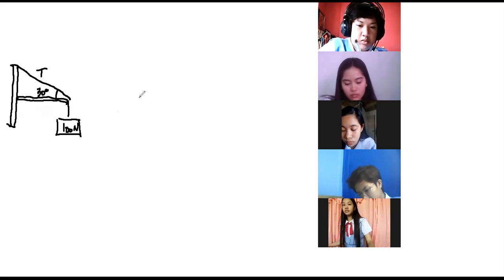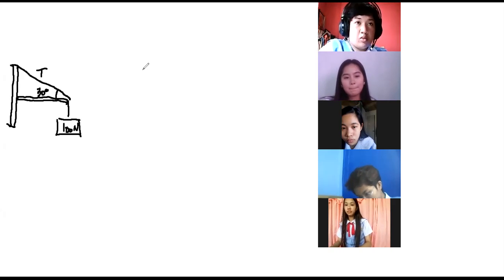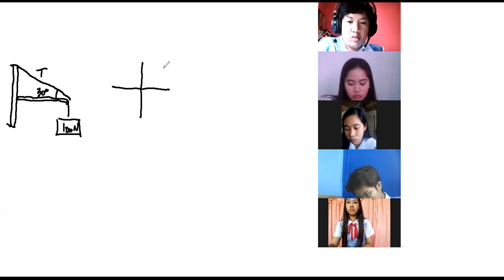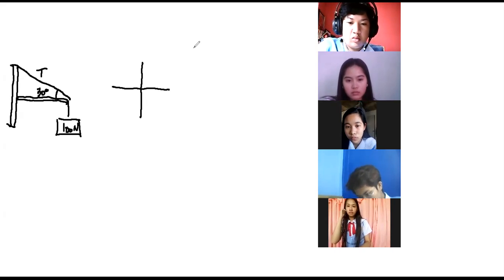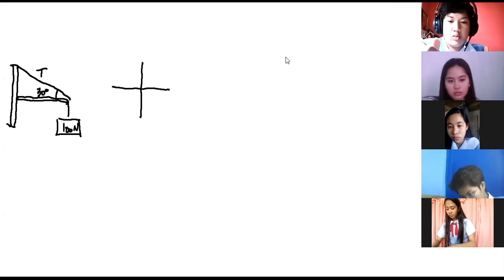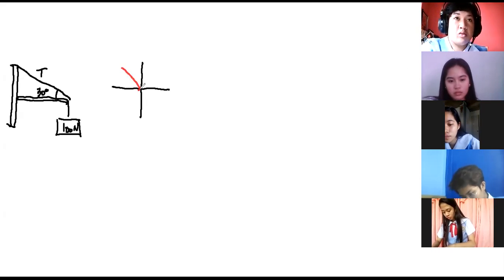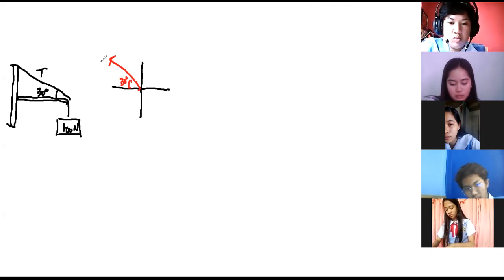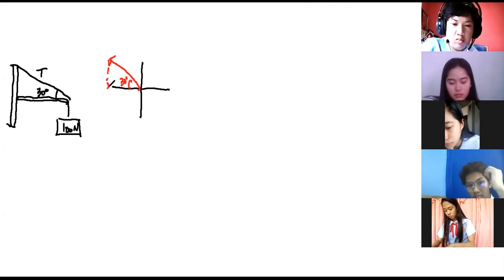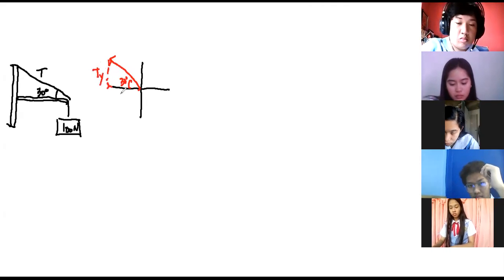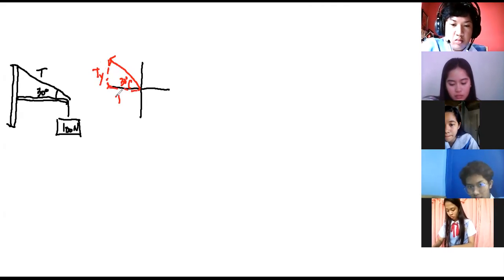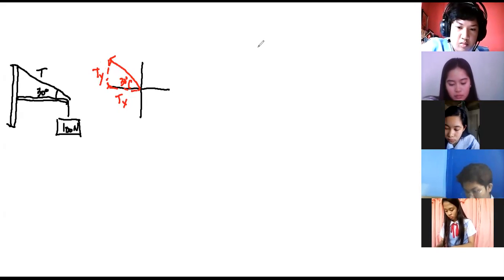So let's have first to draw our free body diagram. Let's have first the tension. And the tension is moving upward. And this is 30 degrees. So you will have your tension Y and you will have your tension X. The next you will have your strut.